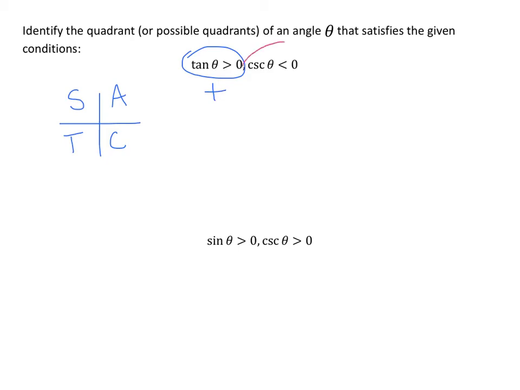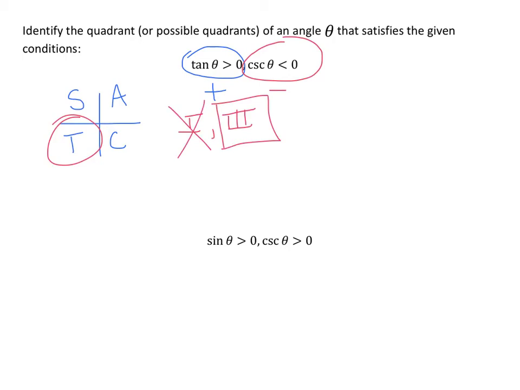Here it says that the cosecant is less than 0, so it's negative. So I look for the places where tangent is positive. Tangent is positive in quadrant 1 and quadrant 3. So in which of those two quadrants is cosecant going to be negative? It'll be here in quadrant 3. So that's our answer, quadrant 3.